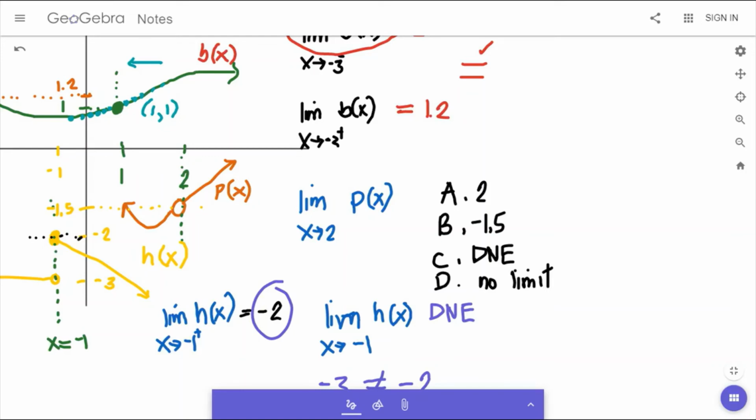Pero what can you say on the ordered pair 2 and negative 1.5? Is the ordered pair part of the graph? So what can you say? Even if they're not part of the graph, does it affect the limit? Because they seem to be approaching the same number.